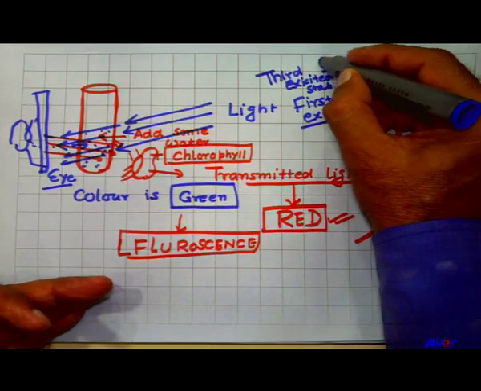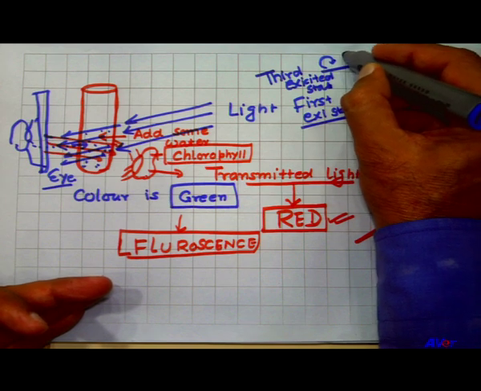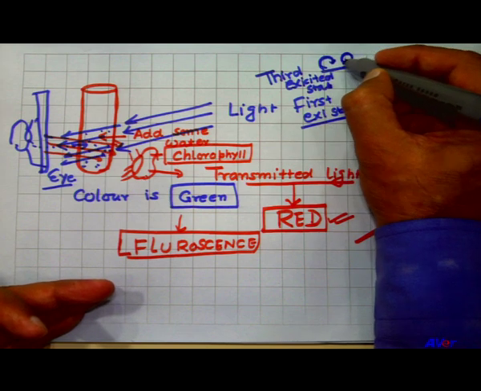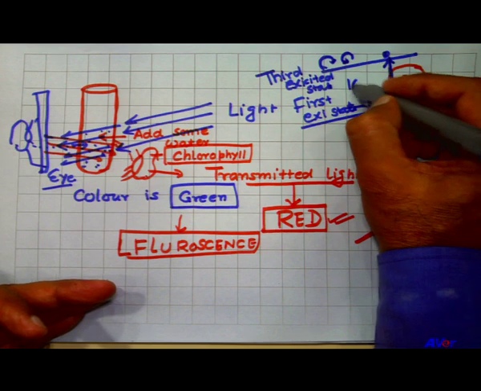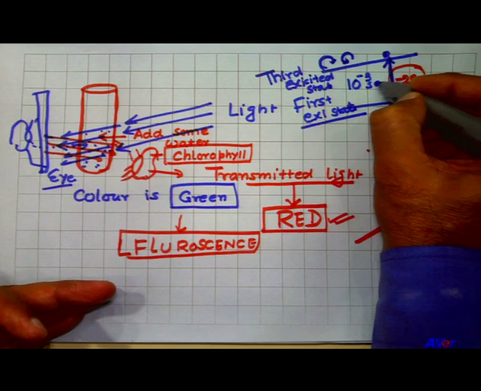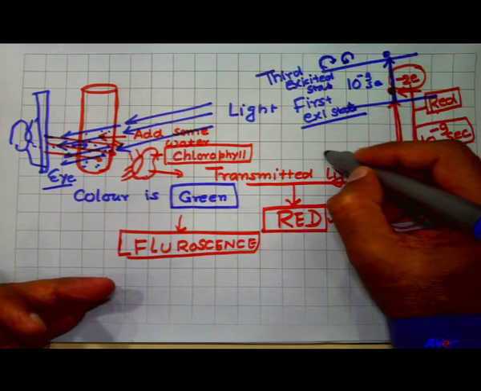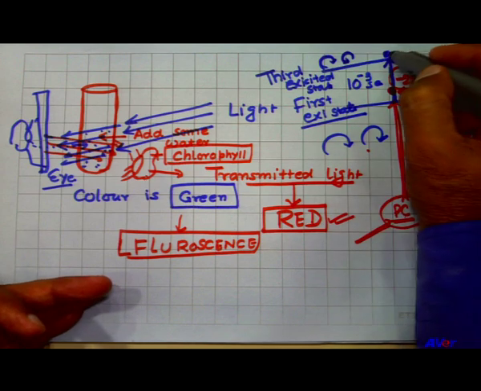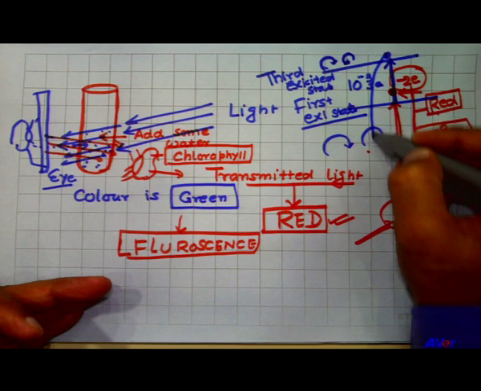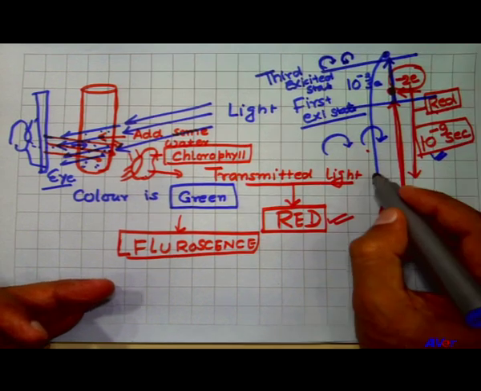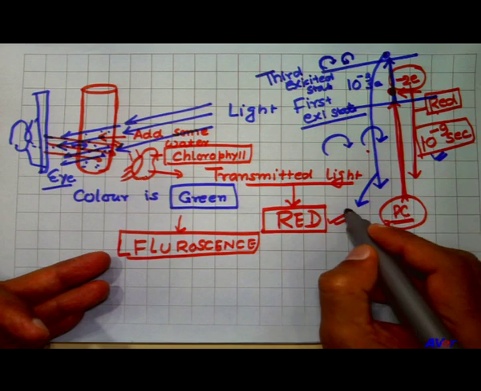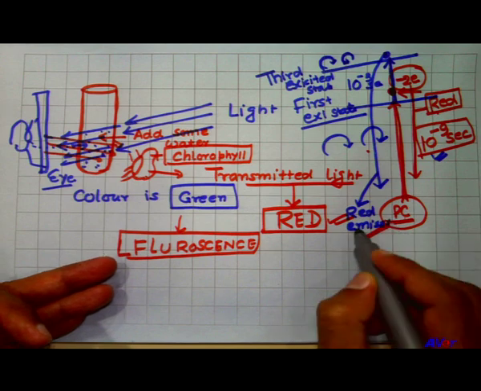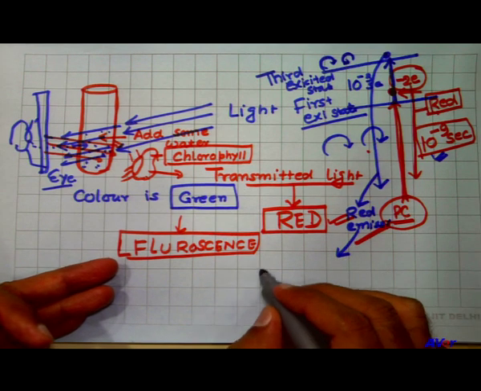Normally in the spin quantum number, one is clockwise, another is anti-clockwise, but when the time is 10 to the power minus 3 second, it changes its spin, both spins in the same direction. When it returns back, when there is no acceptor, it also gives red light, red emission. This phenomenon is called phosphorescence.